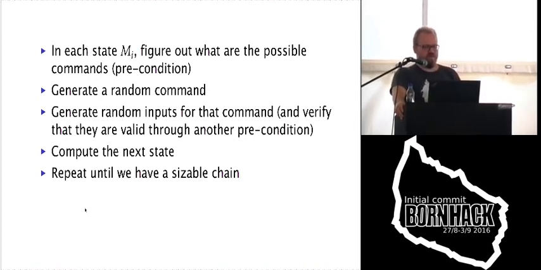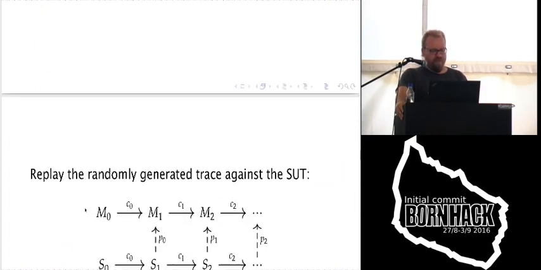And then you repeat this state transition until you have a sizable chain. A sizable chain in this case is something like 50 commands to 300, 400 commands. Something along that size. So once you have that, then you run the thing against the real system.